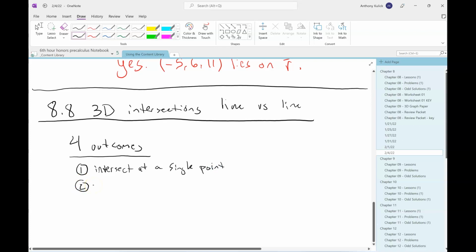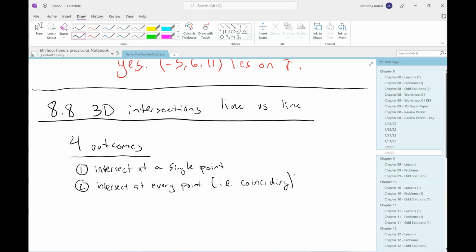They can intersect at every point, i.e. the lines are coinciding, like they're the same line. I think in your Algebra 3-4 class we call this the infinitely many solutions situation.